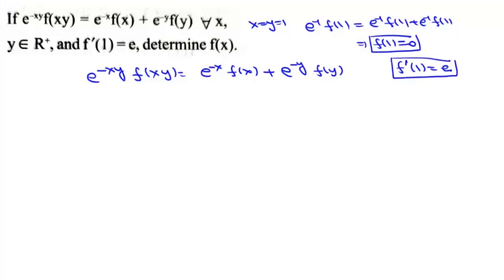Now what I'll also do is I'll write this f(xy) as e to the power xy into e to the power minus x f(x) plus e to the power minus y f(y). Now we'll find f'(x).